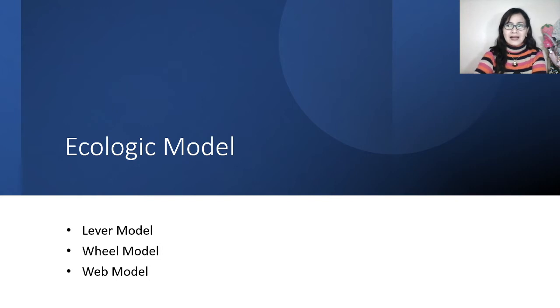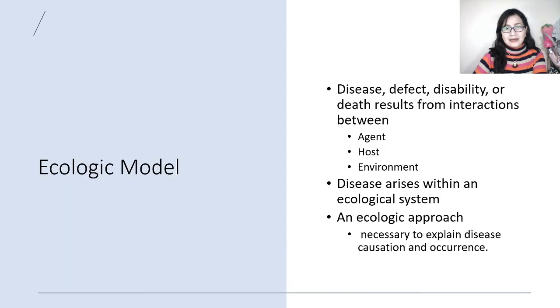Now, let's discuss the ecologic model. Later on, you'll find out that the ecologic model has several types. It could be lever, wheel, or web. So, the disease, defect, disability, or death results from the interactions between the agent, host, and environment.